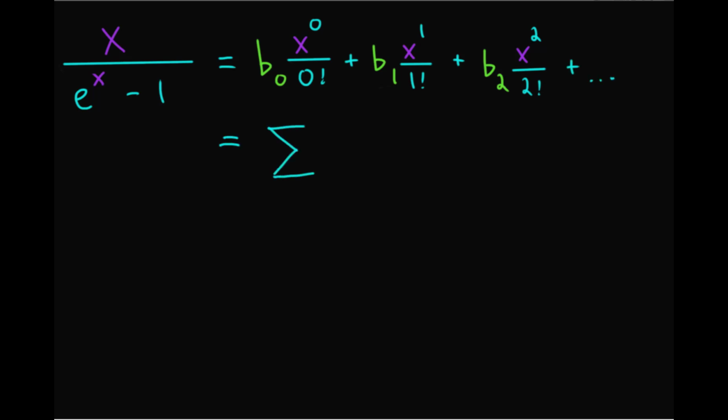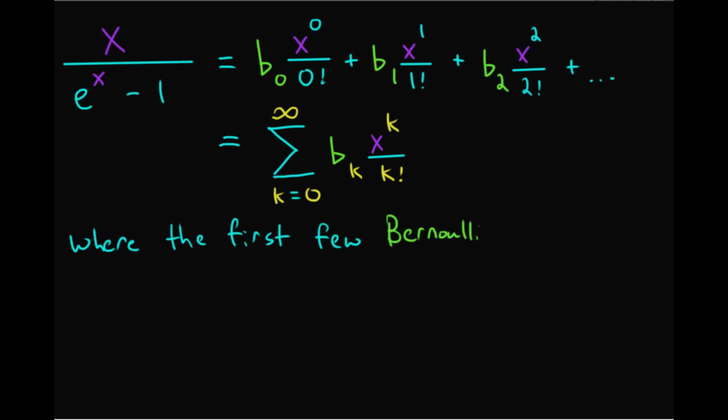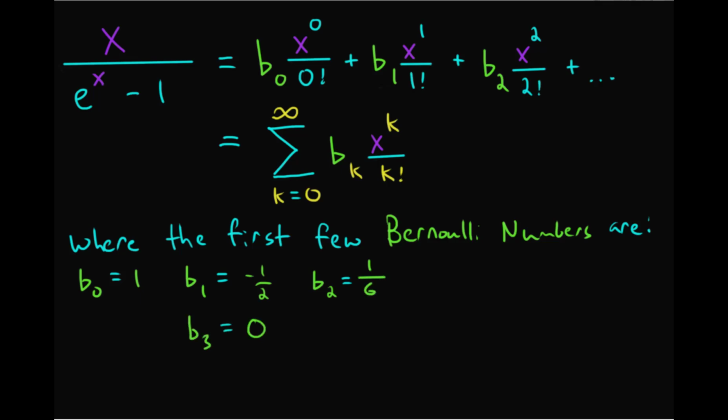And this series can be written more concisely as the sum, indexed from k equals 0 to infinity, of the kth Bernoulli number b sub k times x to the k over k factorial, where, concretely speaking, the first few Bernoulli numbers are b sub 0 equals 1, b sub 1 equals negative a half, b sub 2 equals 1 over 6, b sub 3 equals 0, b sub 4 equals negative 1 over 30, b sub 5 again equals 0, b sub 6 equals 1 over 42, and so on.